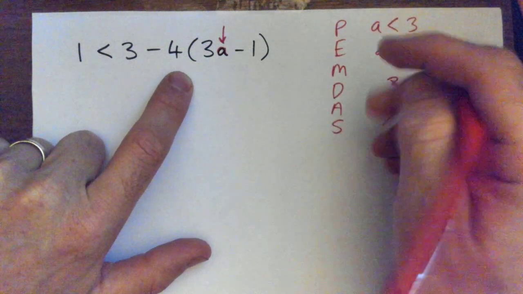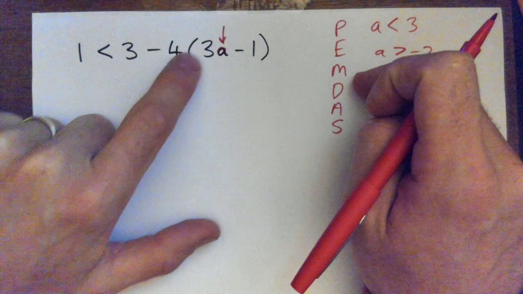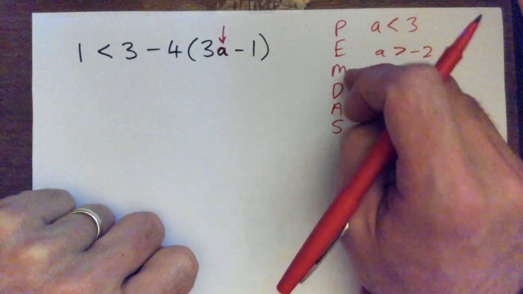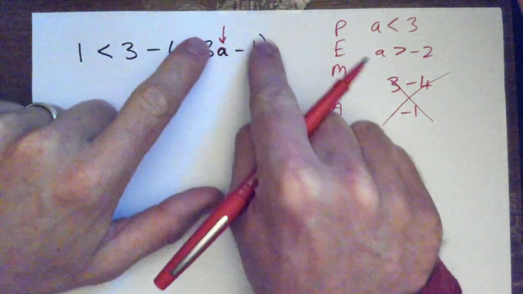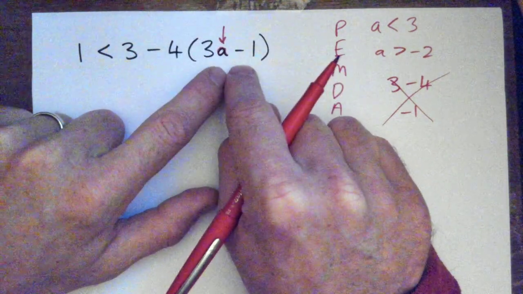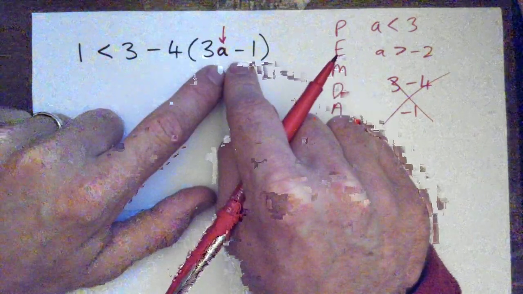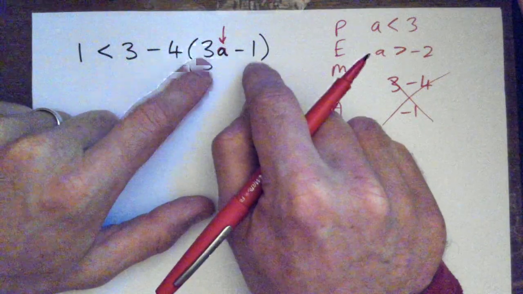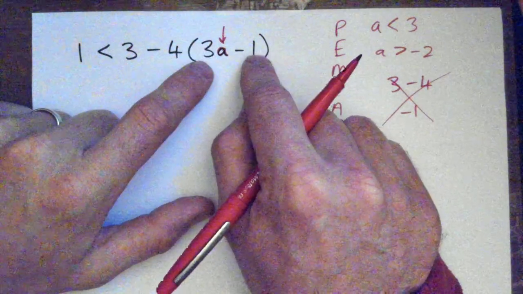We've got to multiply with the distributive property before we subtract. Ideally, we would go inside the parentheses and simplify 3a minus 1, but the problem is these are not like terms. So we can't go 3a minus 1 is 2a or 2 or whatever. That's not correct. These are not like terms, so we can't subtract.